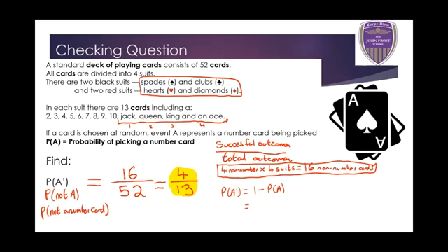So you would do 1 take away 36 over 52, which is the same as 52 over 52 take away 36 over 52, and that would give you the same answer as 16 over 52. So there are 2 different ways of working it out. You either do 1 take away P of A happening, or you can go straight in and figure out the chance of A not happening. Either way, you get the same answer: 16 over 52 simplified to 4 over 13.